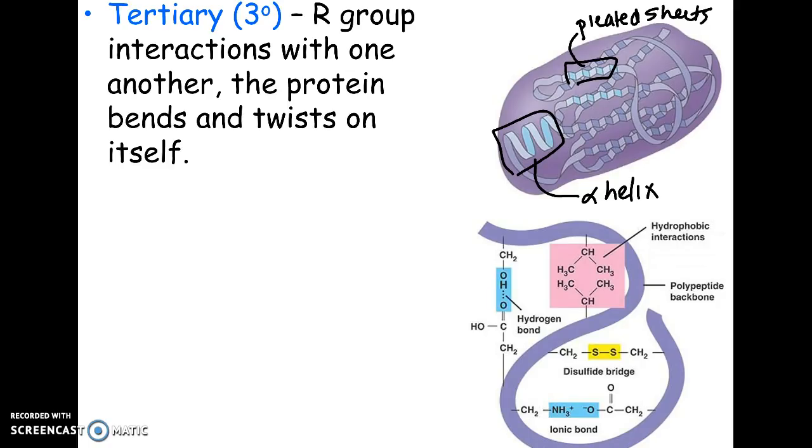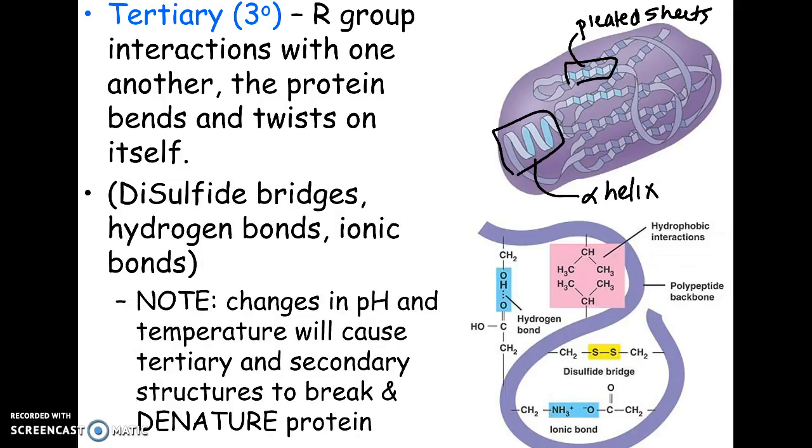What causes the tertiary structure is the R groups now interacting with each other. So remember how every amino acid has an R group. Those R groups, some are hydrophilic, some are hydrophobic, and they're going to basically react with each other and cause the entire chain to fold into a final shape. One of the things that stabilizes proteins are what are called disulfide bridges.